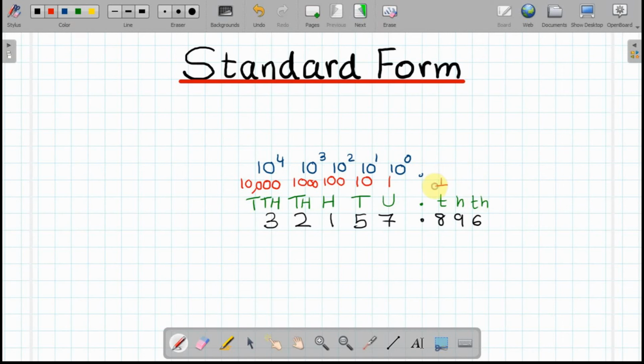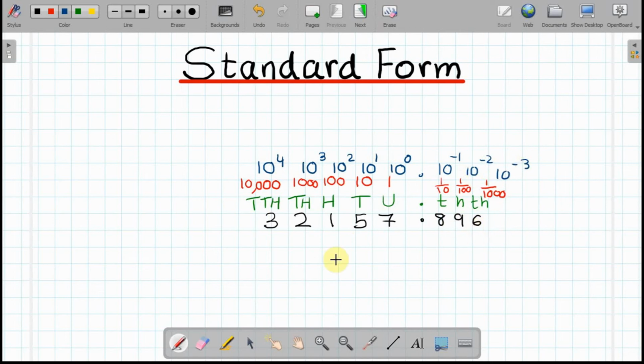This would be 1/10th. This would be 100th. This would be 1,000th. So because it's increasing by 1,000th over there. And the powers over here would be 10 to the power minus 1, 10 to the power minus 2. This would be 10 to the power minus 3, and so on.